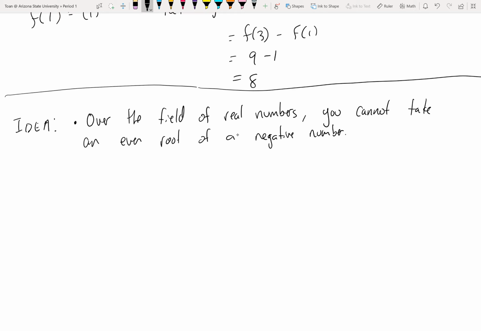I hope by now that's just a common math fact, like 2 plus 2 equals 4. That's just automatic. We don't need to think about it. I've been taught forever that you can't take a square root of a negative number. You can't take a fourth root of a negative number over the field of reals. Now, if I was expanding it to complex, you can, but we're going to stick with reals here.